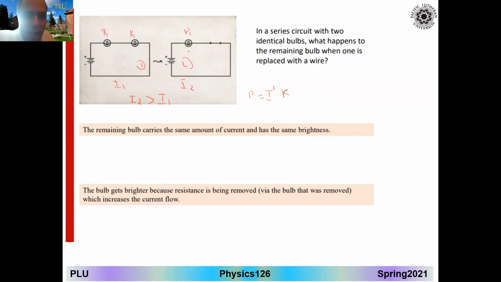So we have more power, so which one is going to consume more? I have more current here. So the light bulb in circuit number 2 will be brighter. Okay, this is the end of the second video, guys, and see you in the next video. Thank you so much.